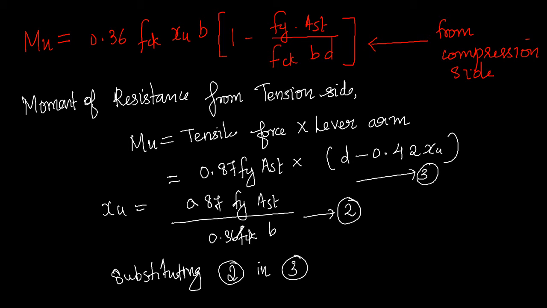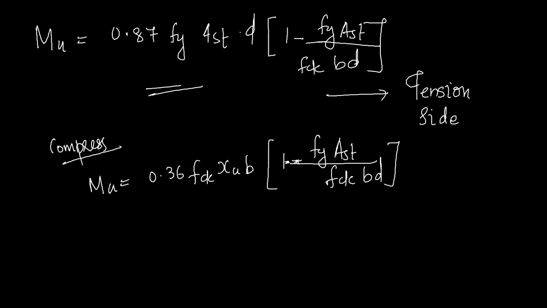Then substituting equation number 2 in 3, that is substituting the value of XU in the expression for Mu, we will obtain Mu equal to 0.87 Fy AST d into 1 minus Fy AST divided by FCK b into d.